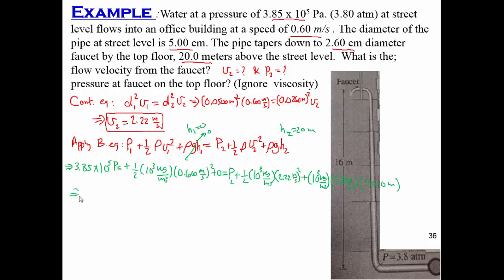Okay. Now you can go ahead and solve for P2, and if you carry out the calculation, this will give you 1.87 times 10 to the power 5. Now as you see, this value is less than P1, and that's because when the velocity increases, the pressure always decreases.